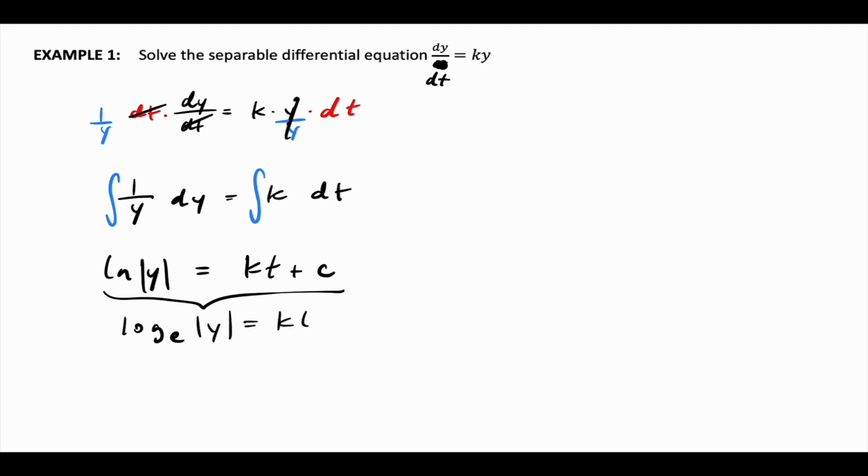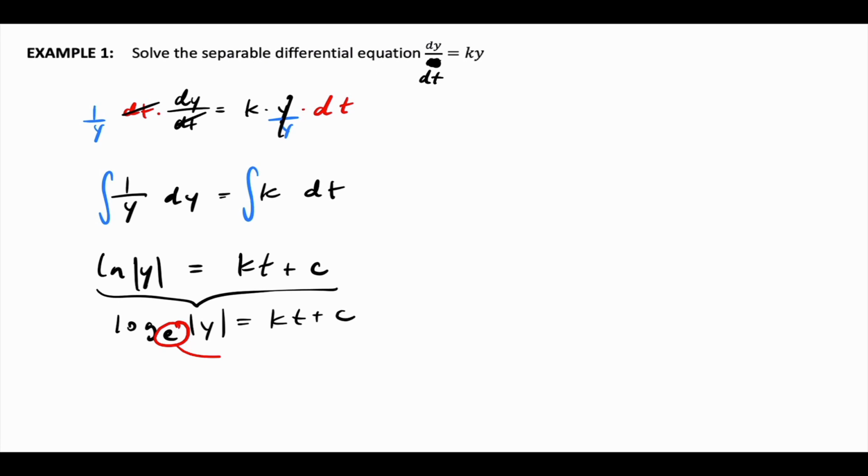So kt plus C, e to this power equals this right here. e to the kt plus C equals y.